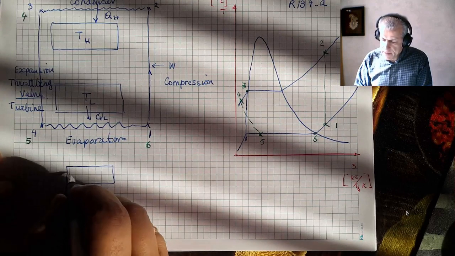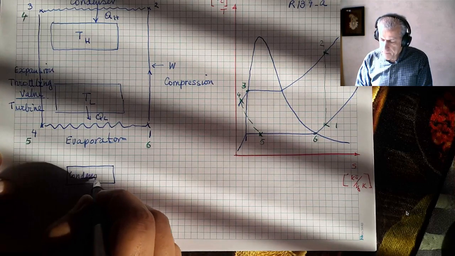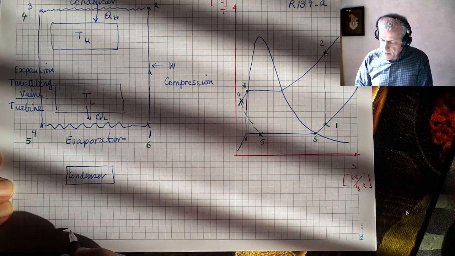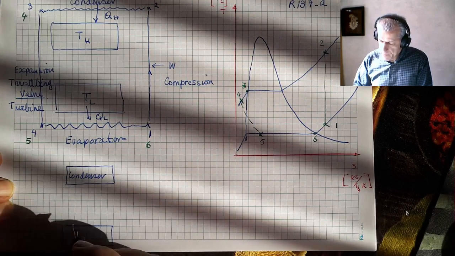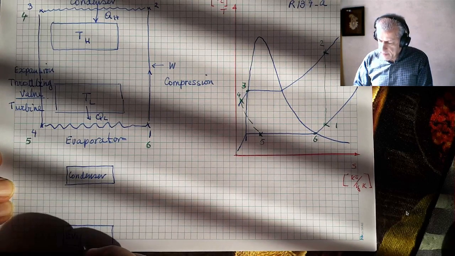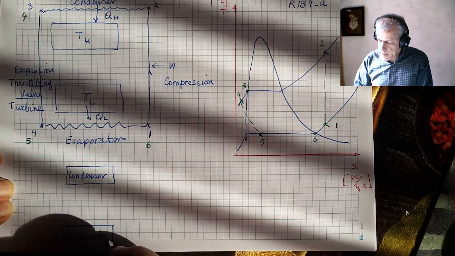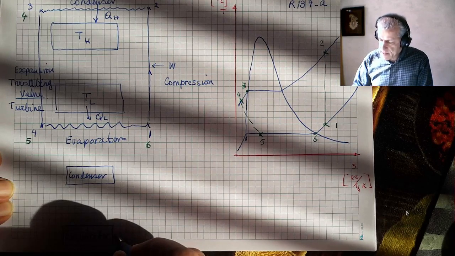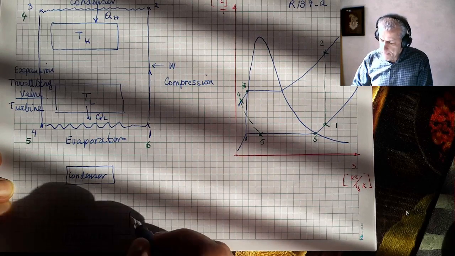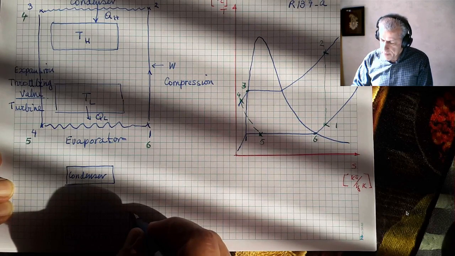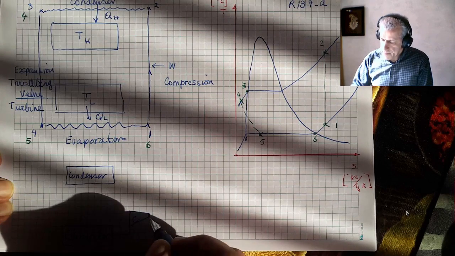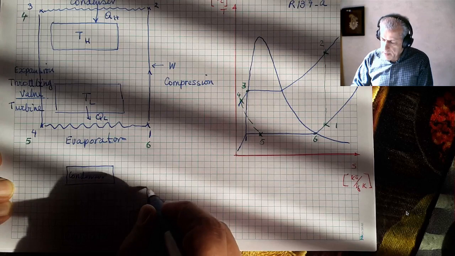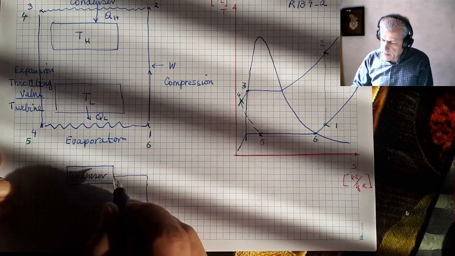There is an evaporator. There is a compressor. And the outcome goes to the condenser.